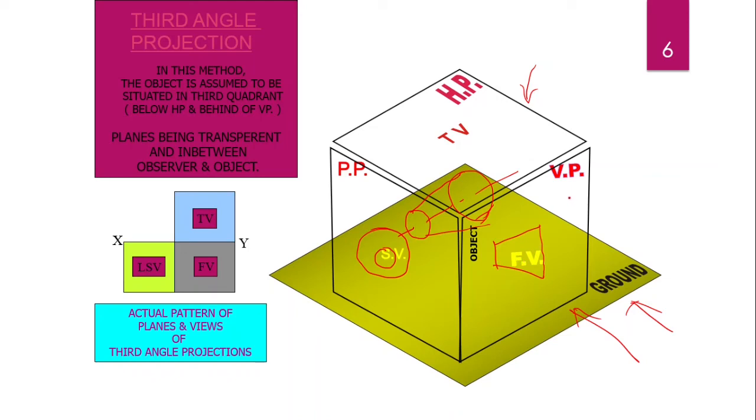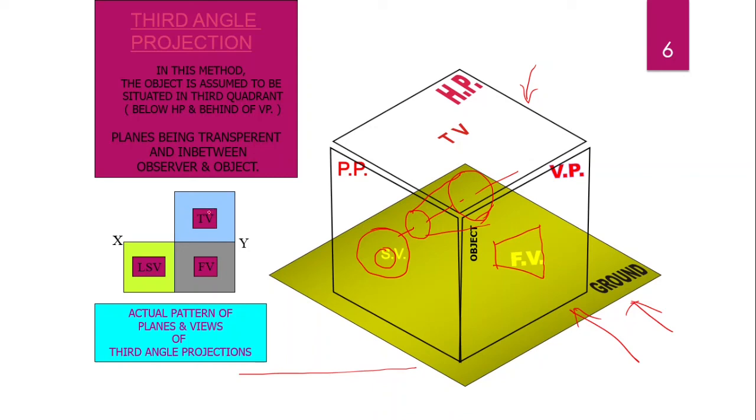When the reference planes are transparent, then in third angle projection we can represent the different views of this particular object like this. The left side view is at this portion, the front view at this portion, and the top view is above the front view.